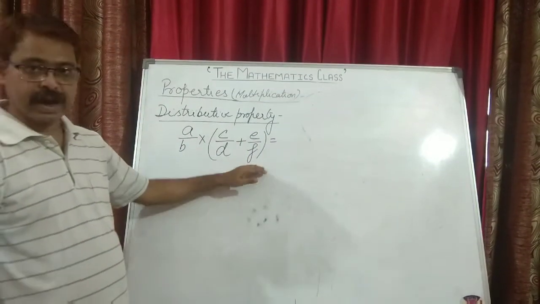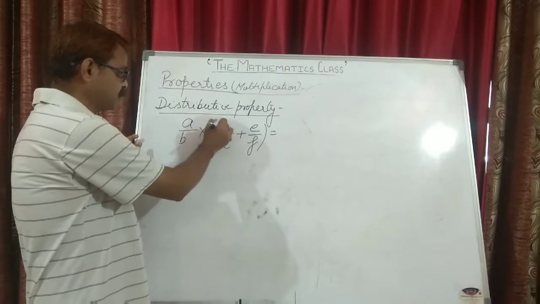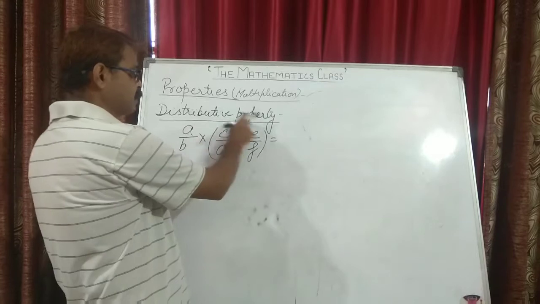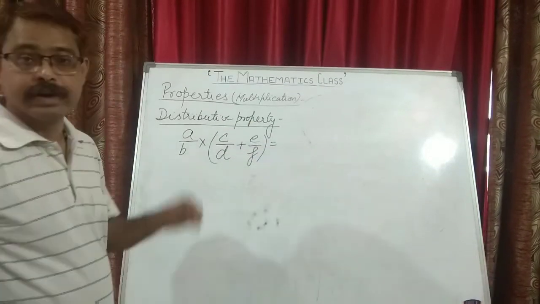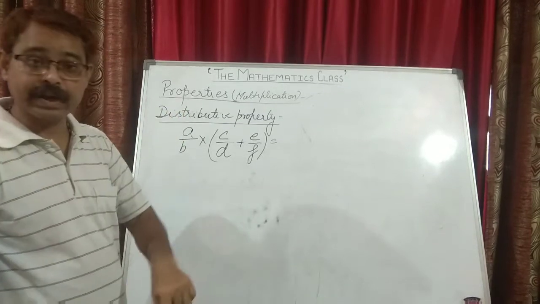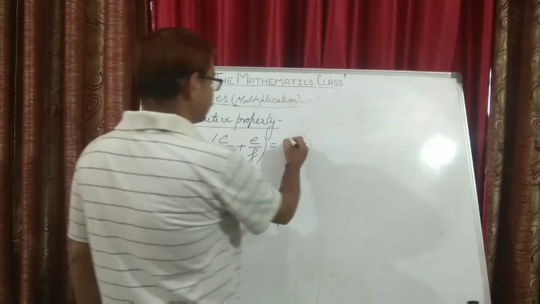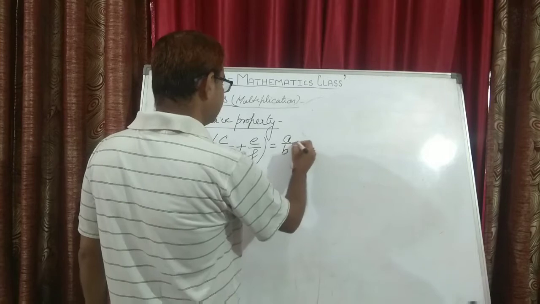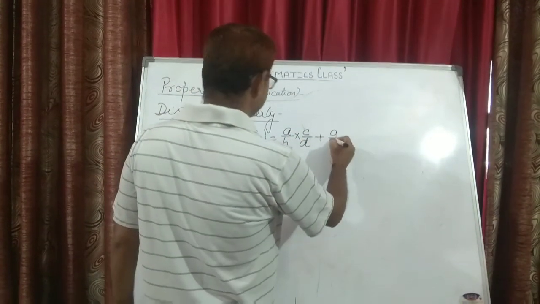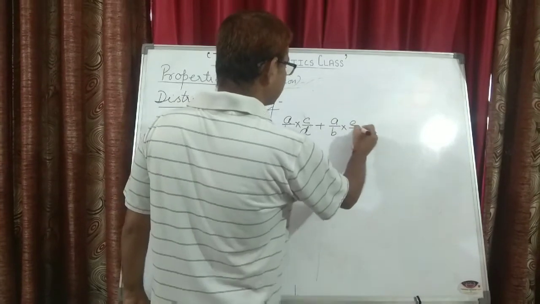So when we open the bracket, what we do, this A upon B is multiplied to C upon D, then plus sign, then again A upon B is multiplied to E upon F. This is known as the distributive property of multiplication over addition. It means it will be A upon B into C upon D plus A upon B into E upon F.